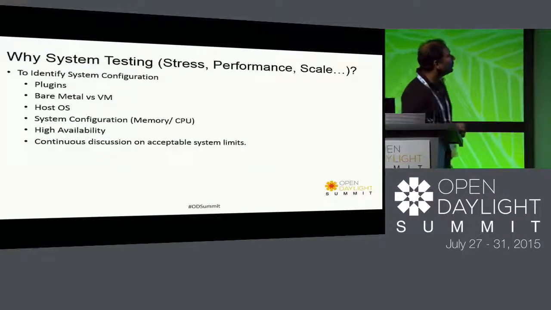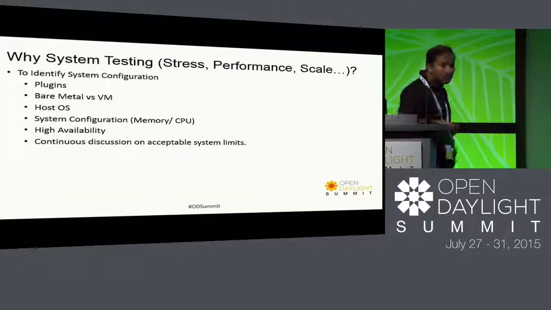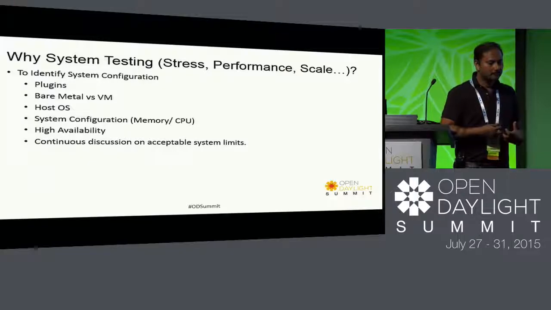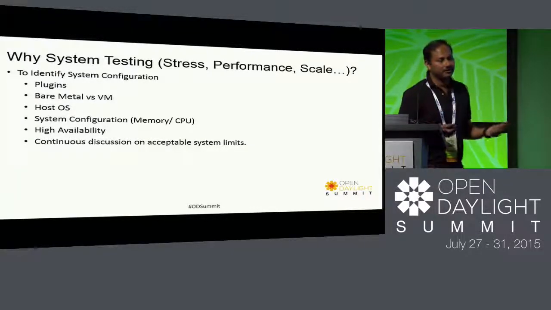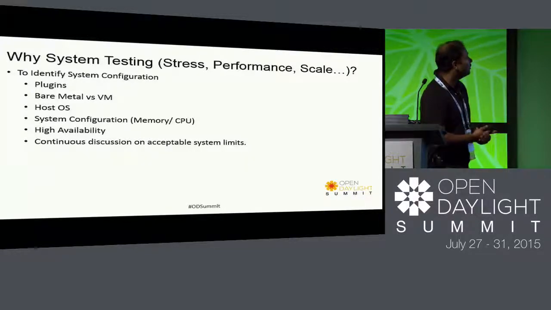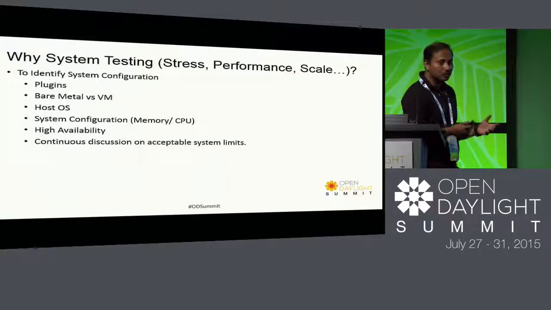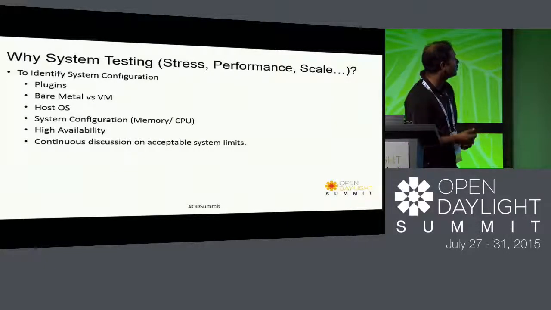And also, we want to identify the overall system configuration. When we say we want to have some 1,000 switch deployment, what should be the system configuration? What plugins should be installed for a particular case? Should it run as bare metal or a VM? The host OS on which the controller is going to run is very important.